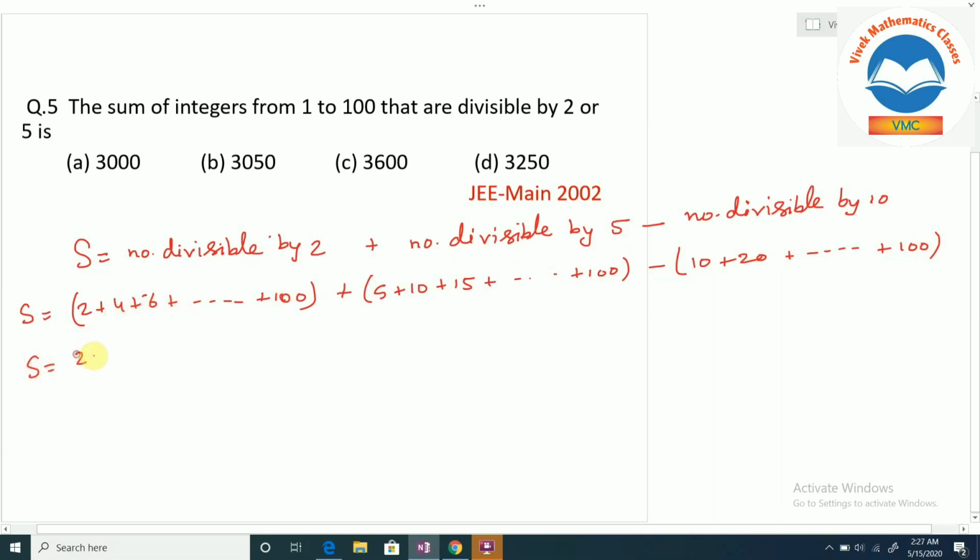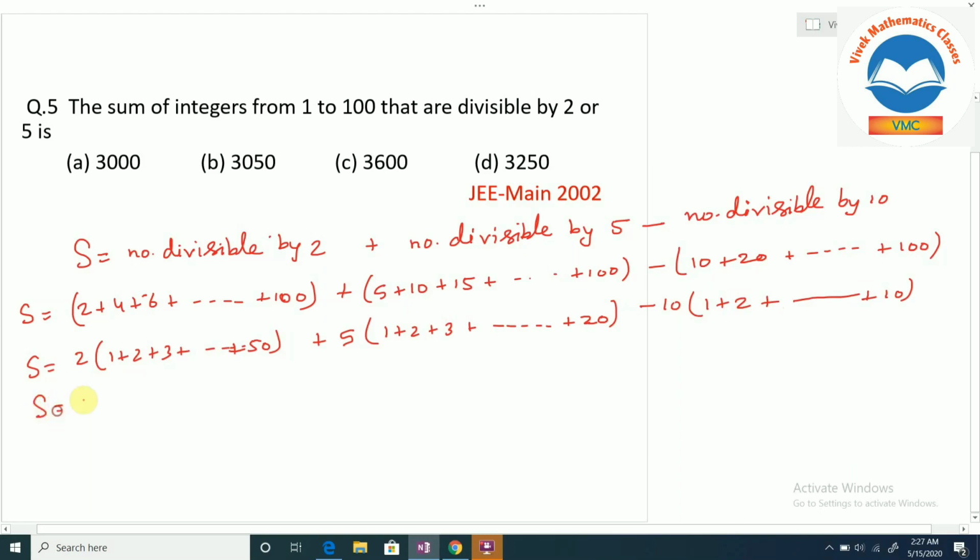If you take 2 common, you will get 1 plus 2 plus 3 up to 50, the sum of the first 50 natural numbers. Plus, if you take 5 common, you will get 1 plus 2 plus 3 up to 20, the sum of the first 20 natural numbers. Minus, if you take 10 common, 1 plus 2 up to 10.